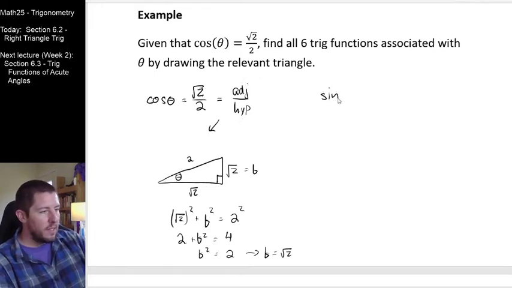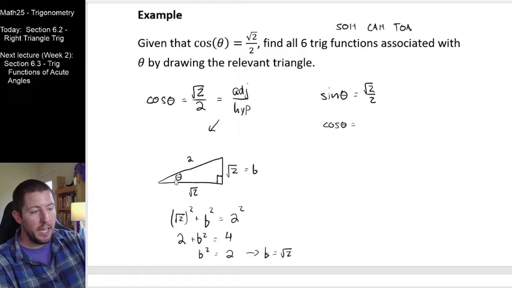So I'm going to just go down the list here. Sine of theta. Sine is opposite over hypotenuse, so that's root 2 over 2. Cosine, that was given to us, but we can verify it, which we should. Adjacent over hypotenuse is root 2 over 2.